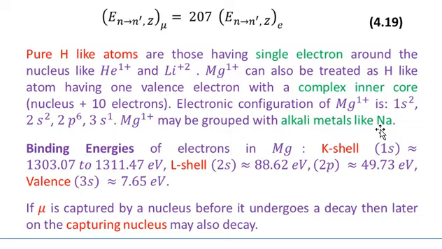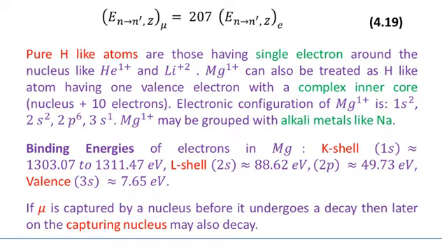That is similar to the case of the singly ionized magnesium atom. So singly ionized magnesium can also be grouped with alkali-metal-like atoms, and the sodium atom is what we shall be discussing in future.